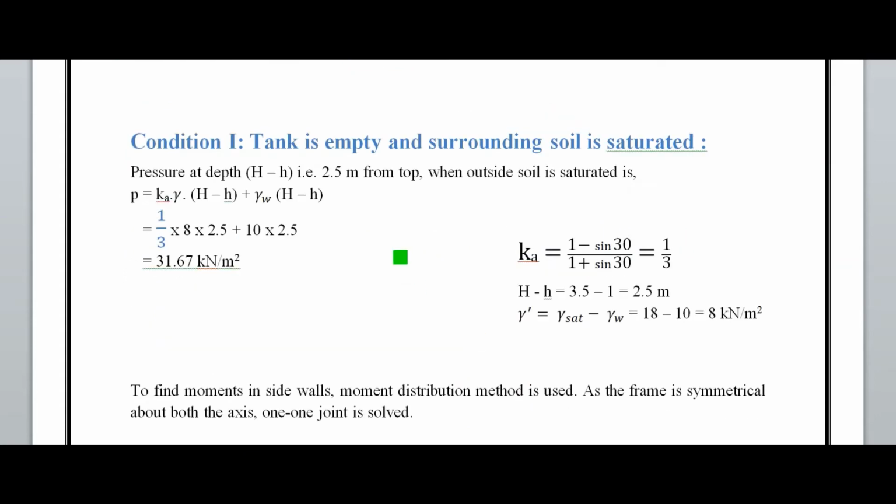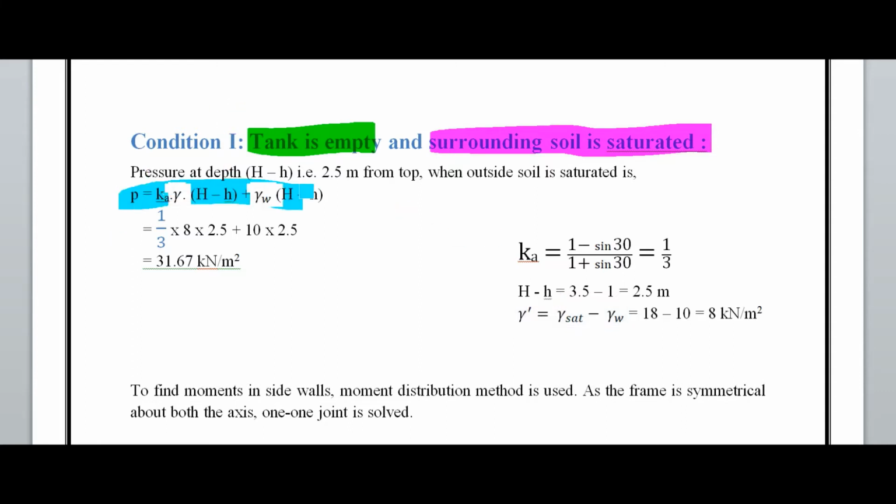Now we are going to design the water tank for the first condition. Tank is empty. If the tank is empty, the surrounding soil is saturated, so surrounding soil pressure will be included. If the tank is empty, there is no water pressure. So the surrounding soil pressure is Ka gamma dash (capital H minus small h) plus gamma W (capital H minus small h). Ka is equal to 1 minus sin 30 divided by 1 plus sin 30, which is equal to 1 by 3, and capital H minus small h is equal to 2.5 meter, because capital H is 3.5 and small h is 1 meter, right?